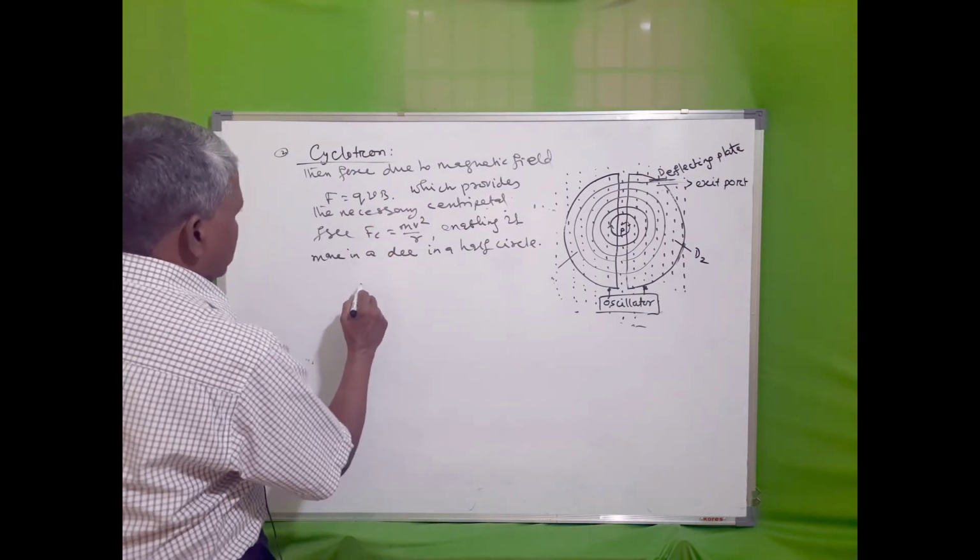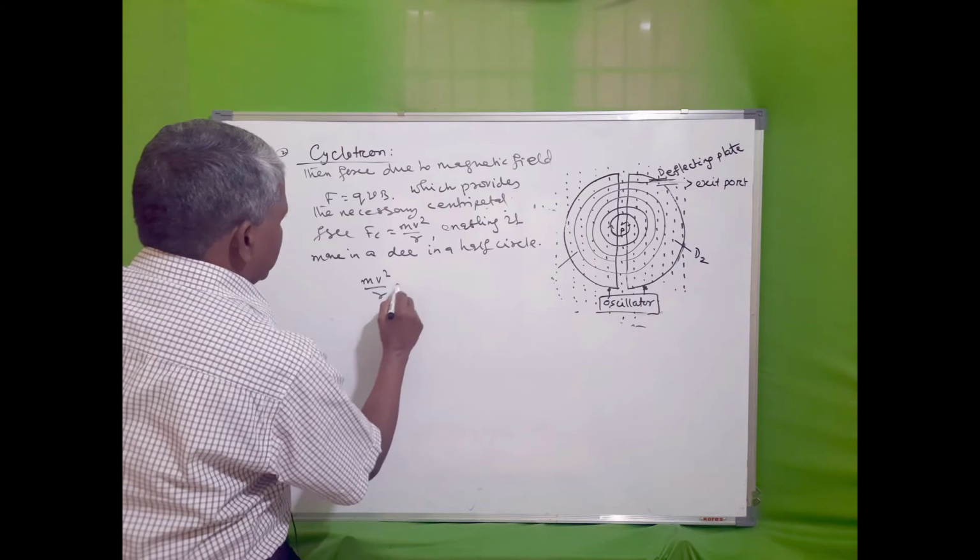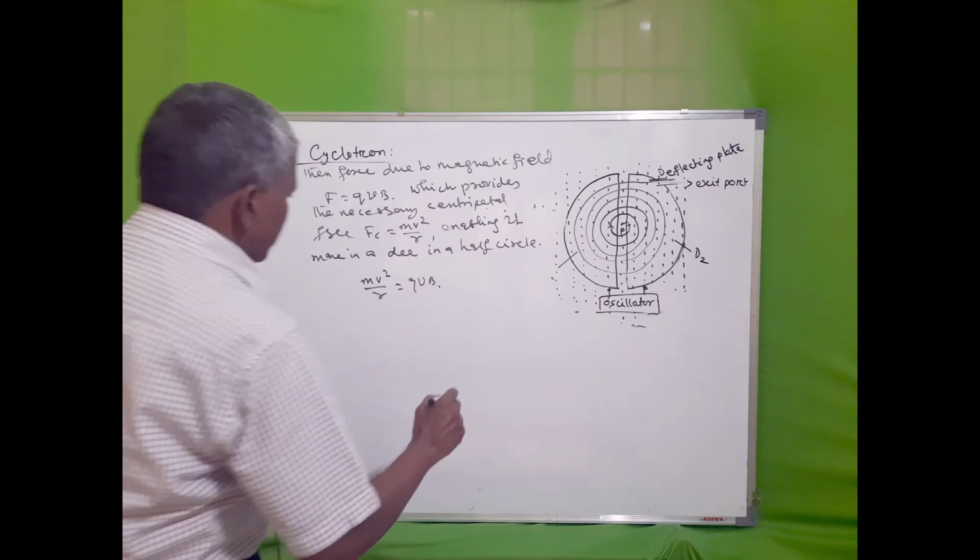We can write mv square by r is equal to qvB.